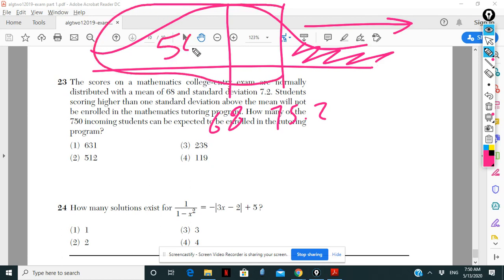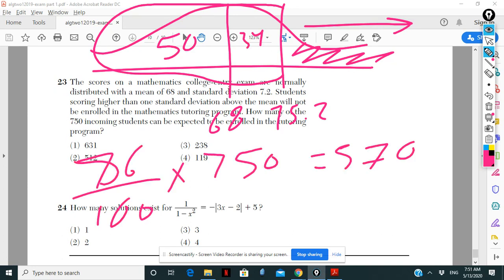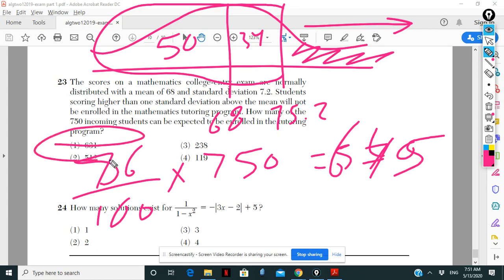So that's 50% and that's 34, that's 84%. Times 84 divided by 100, it's giving me 630. So in that case, the answer must be number 1.